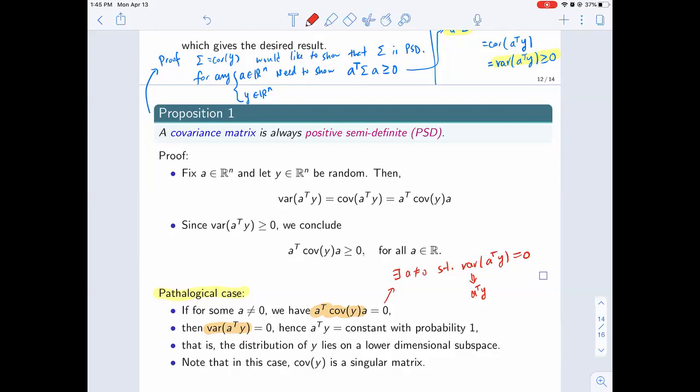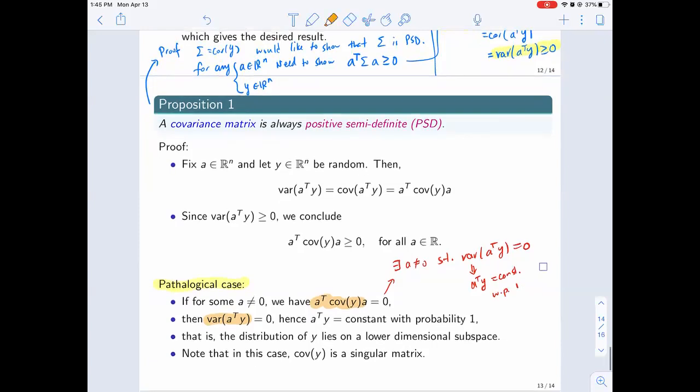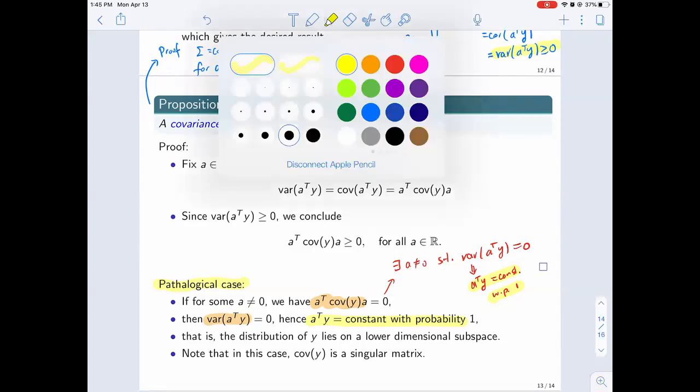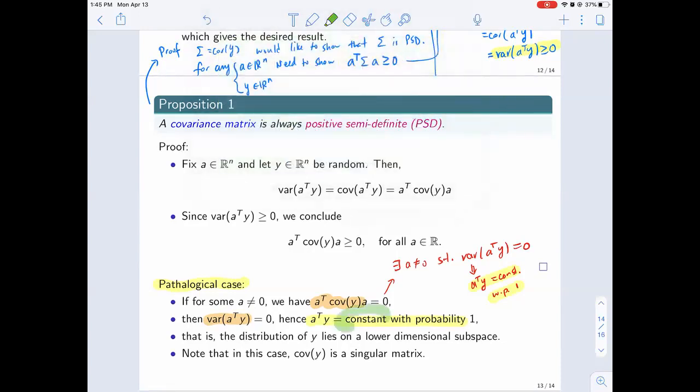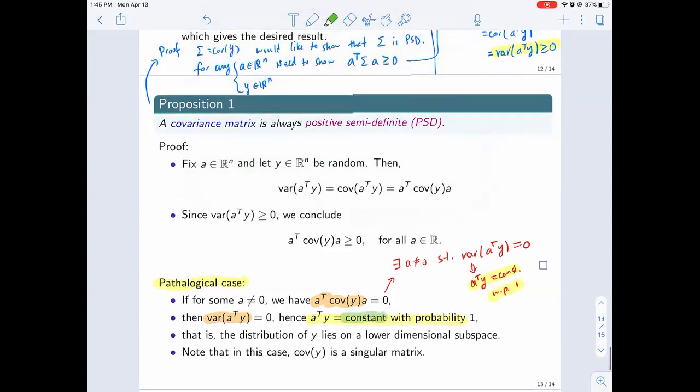So Chan points out that this is going to be constant with probability 1. That's what I'm writing here. This is a fact from probability: A transpose Y will be constant with probability 1. A transpose Y is a general linear combination of the elements of Y, so this is saying that I can find a linear combination of elements of Y that's a constant, not random. Constant means non-random.